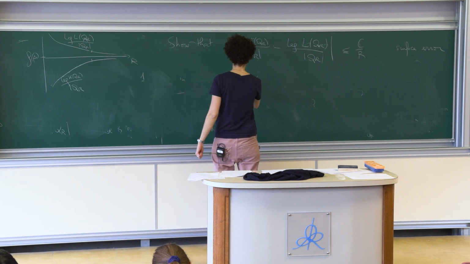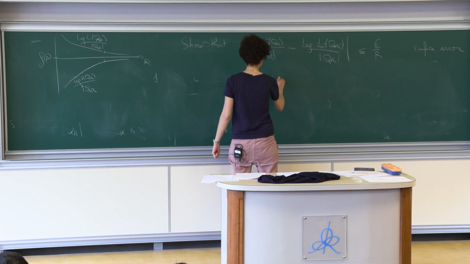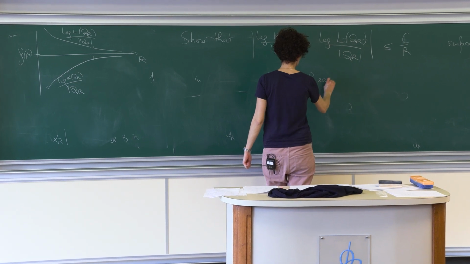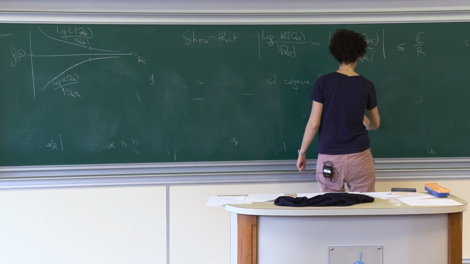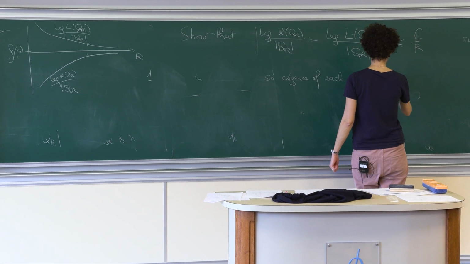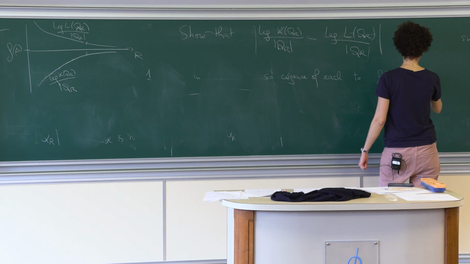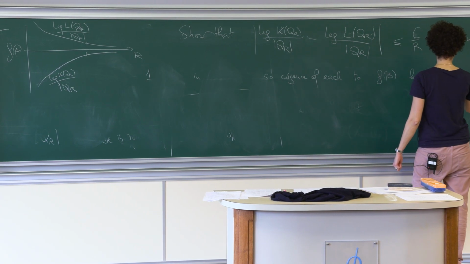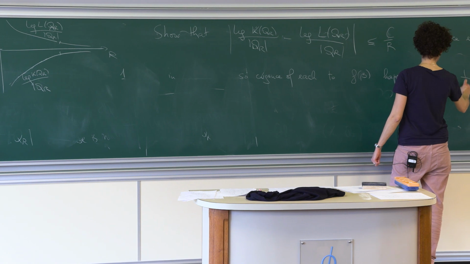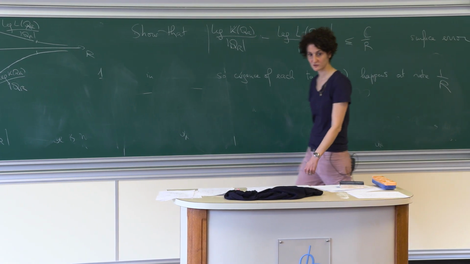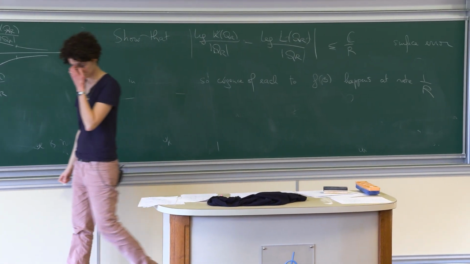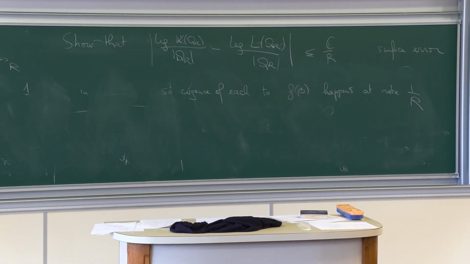So convergence of each to F of beta happens at rate 1 over R. So you have now a quantitative convergence.